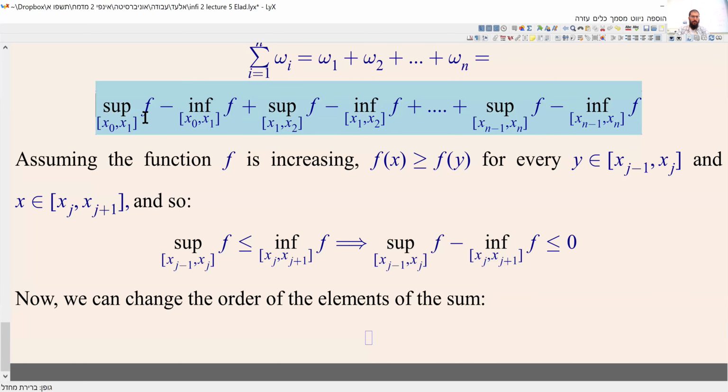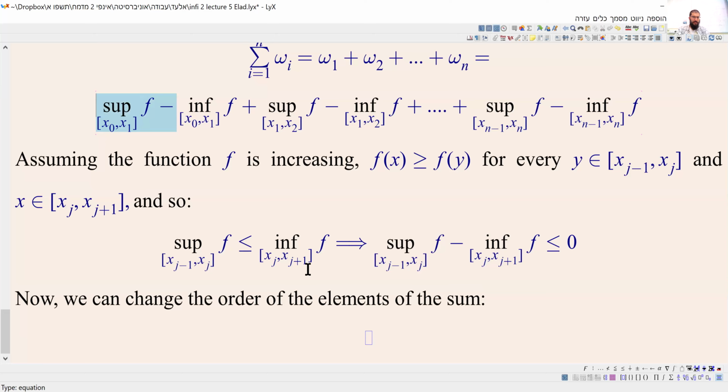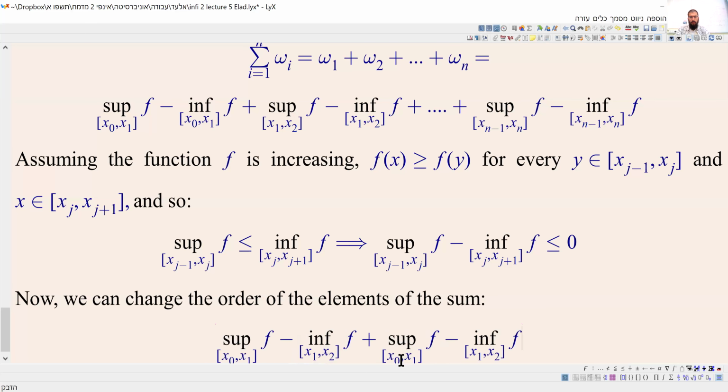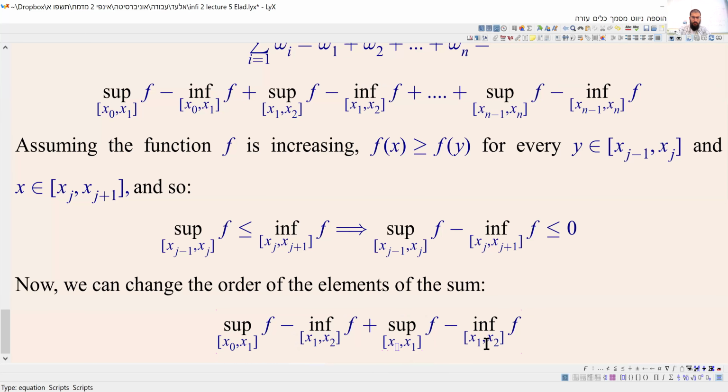So we have sup of x0, x1 minus the infimum of x1, x2. And the sup of x1, x2 with the infimum of x2, x3, etc., etc.